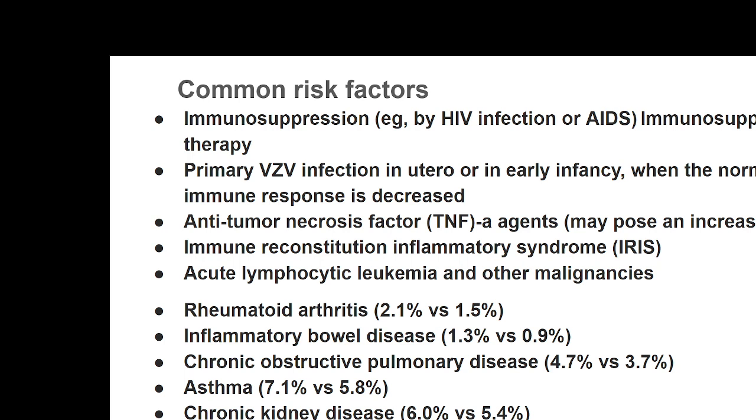Other diseases which can coexist with herpes are rheumatoid arthritis, inflammatory bowel disease like ulcerative colitis, chronic obstructive pulmonary disease, asthma, chronic kidney disease, and depression, which also have a relatively high incidence of herpes. But how these diseases trigger herpes is not exactly known; the theory is that most possibly they affect the immune mechanism.